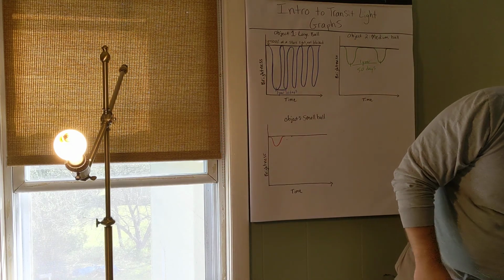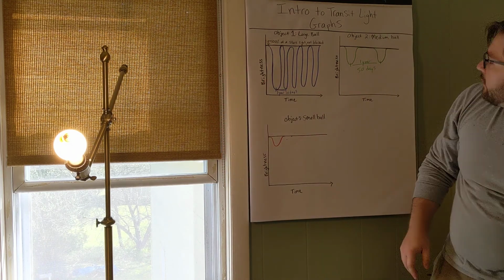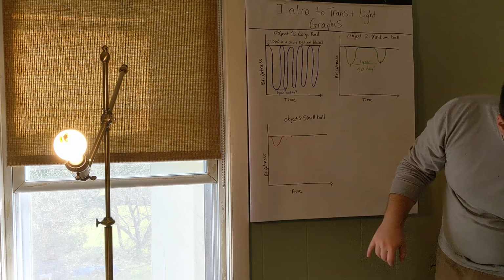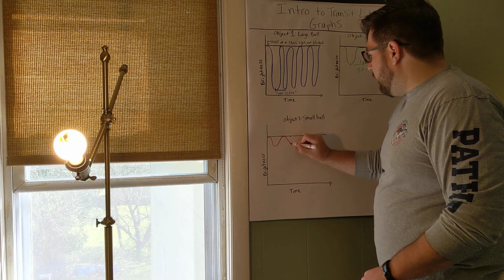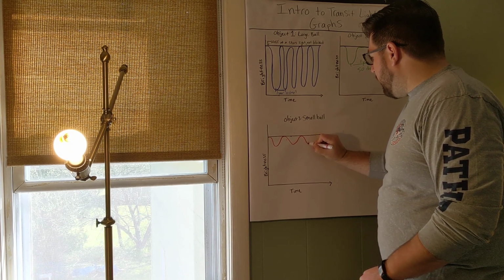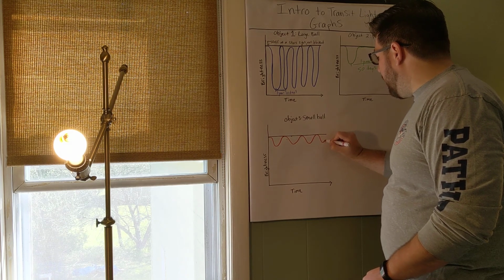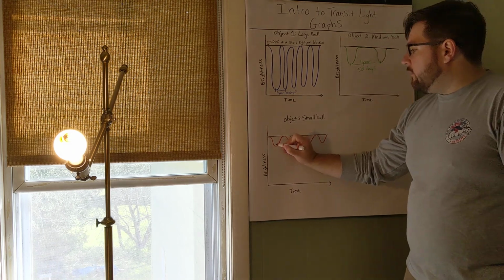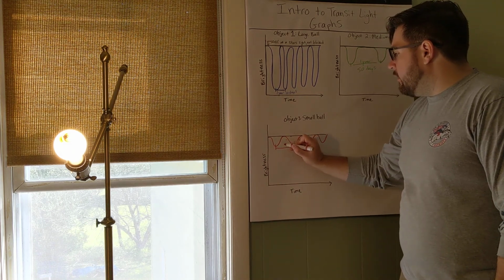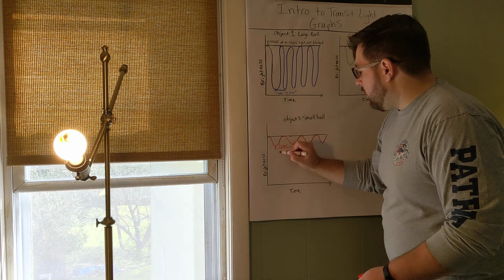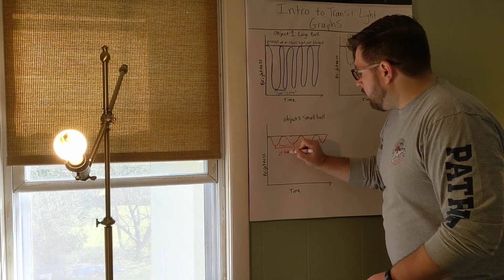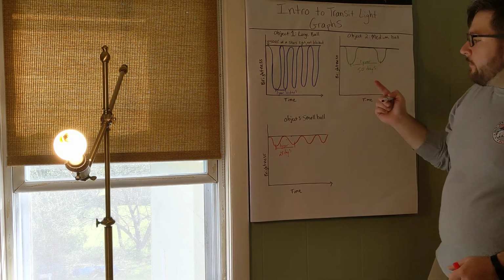And then the small one might fall somewhere in between. So that might be a little bit different for the small planet. The small planet might take like 20 days. Something a little bit different to go in between. So this might have a length of a year, which is the equivalent of, let's call it 25 days. A time span in between these.